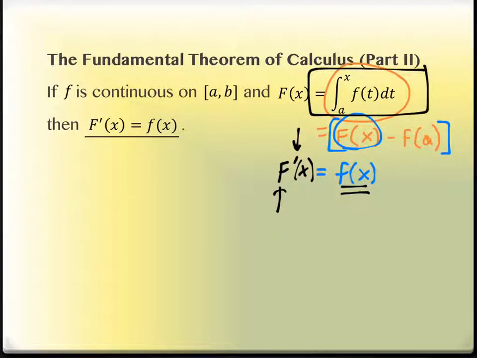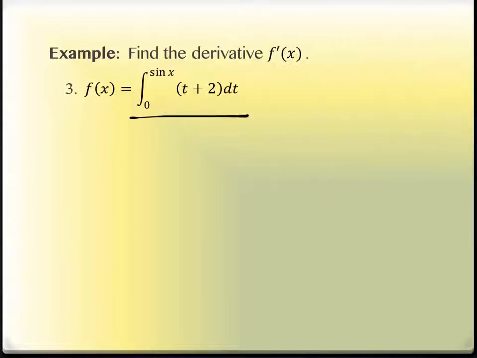What looks different about it? There's one really big difference. It's got a sine of x in the top interval endpoint, right? This one has an x, and this one has a sine of x. Do you guys see that? Okay.